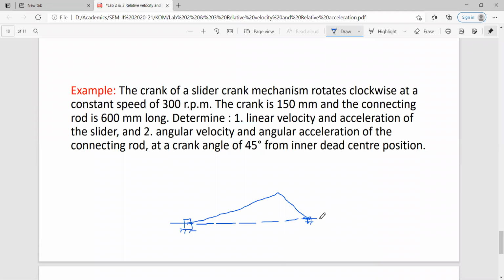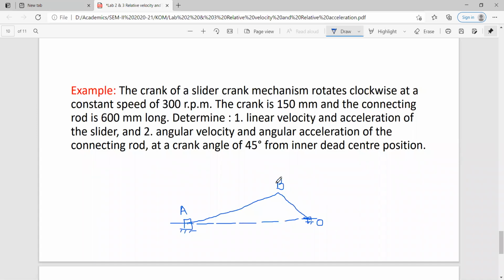So this is the slider crank mechanism. This is your slider. This is the crank OB, and say the slider point is A. The crank length is given as 150 mm.